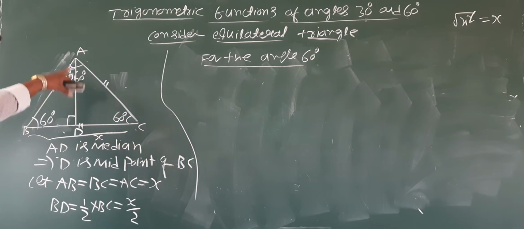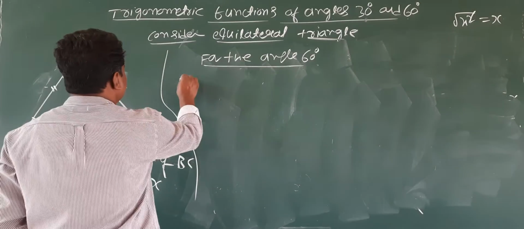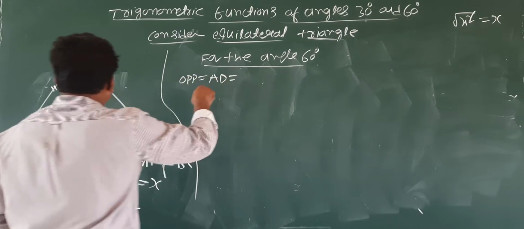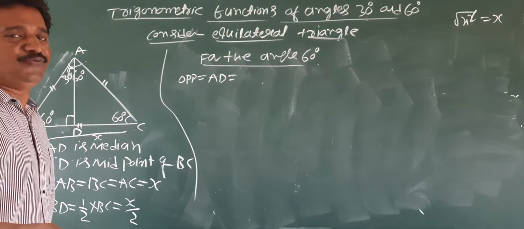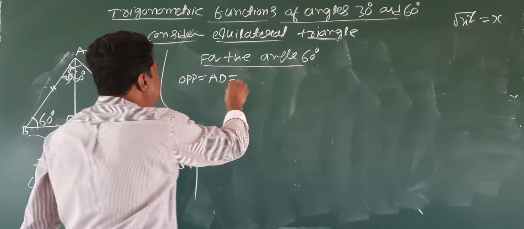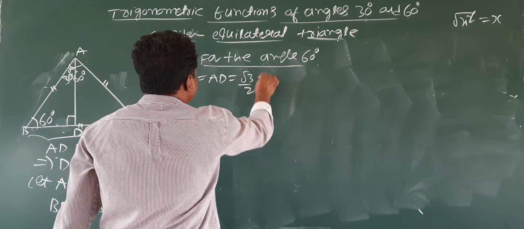Tell me the opposite side: AD. Tell me the length of AD. Just before, you found that it is root 3 by 2 x. That is the height.